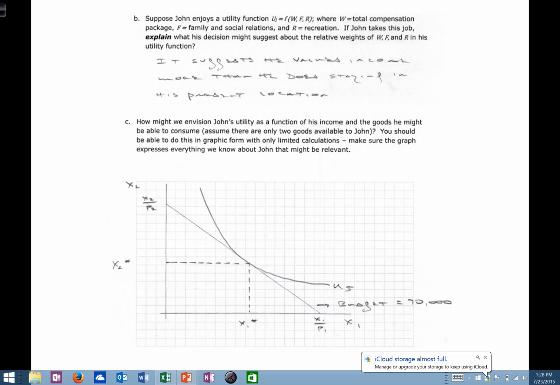Where we have a budget for the consumer, which in this case, John's budget is going to be $70,000. That's his new income. And we know that he can buy 2 different goods. In this case, we're saying goods X1 or X2. And we know from some of the material we looked at that we can identify the number of units that we would be at here on this X2 axis, or this Y-axis, as being X2.